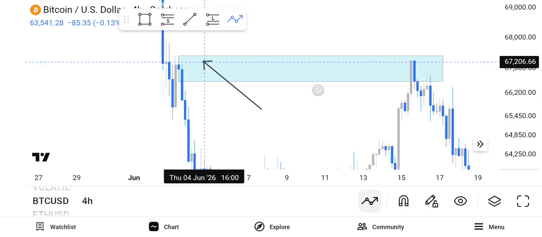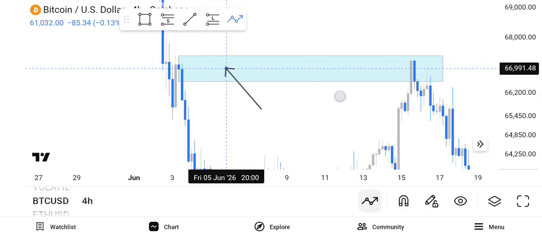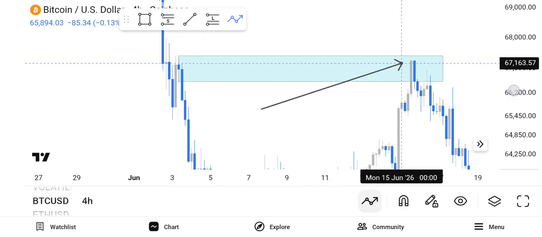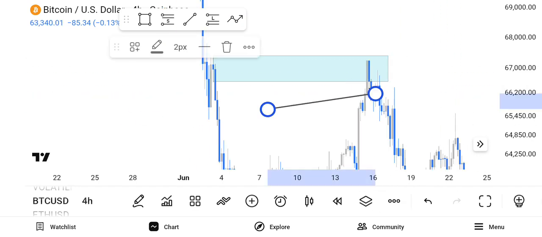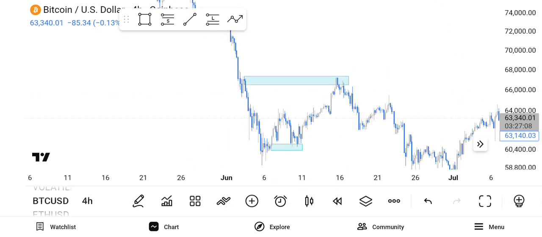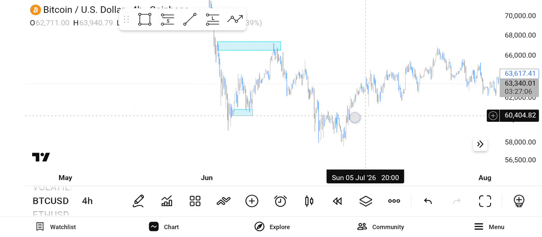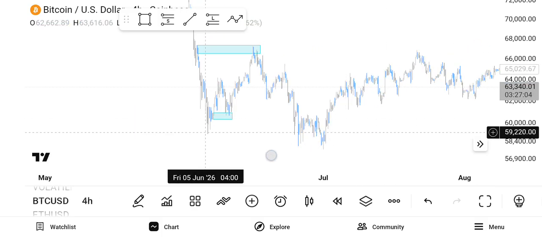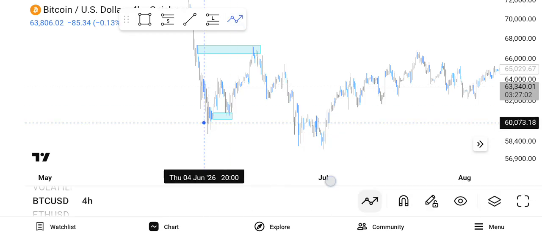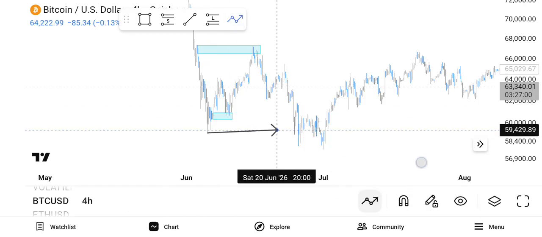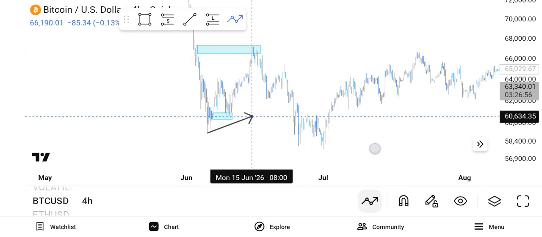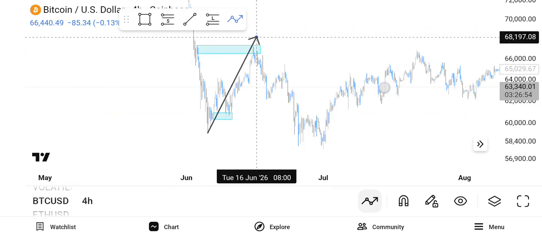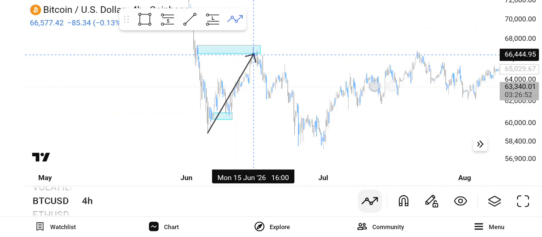Impulsive move to the downside. When the market comes back here, you can see the market sold off again. You can see how far this sell went, breaking structures here and right here to the downside. You can see how far this sell went from here, and this buy too, from the demand zone, a straight push to the upside.